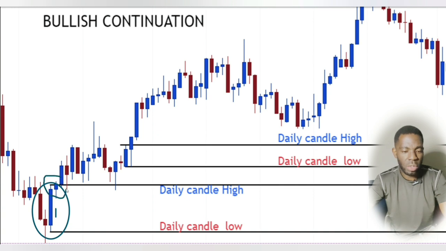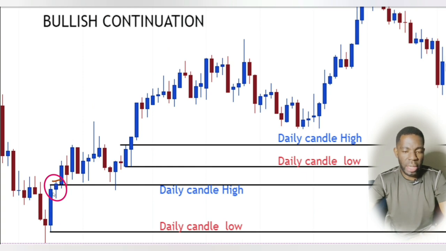When that candle closes, if you look closely at the second one, you can see that it closes above the highest price of the previous day candle.